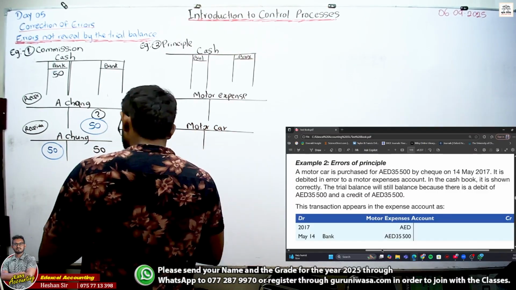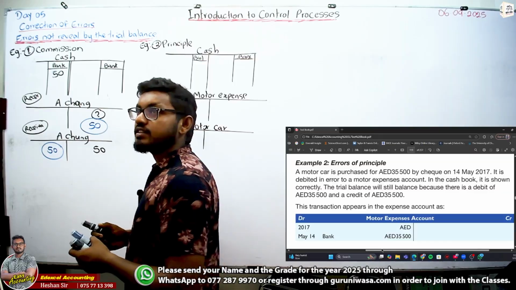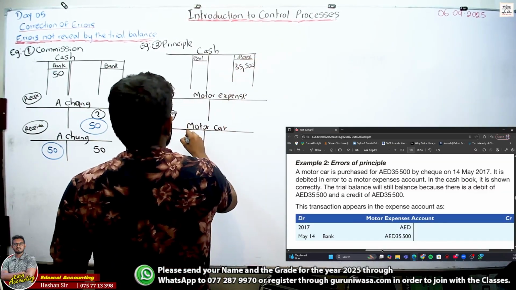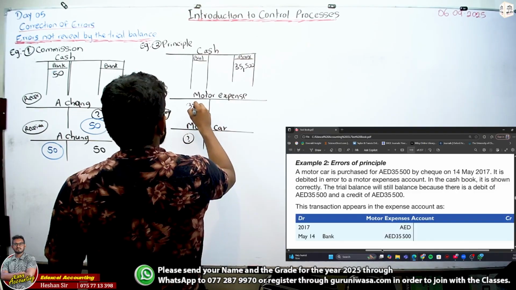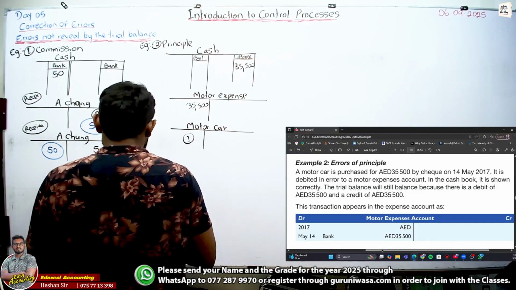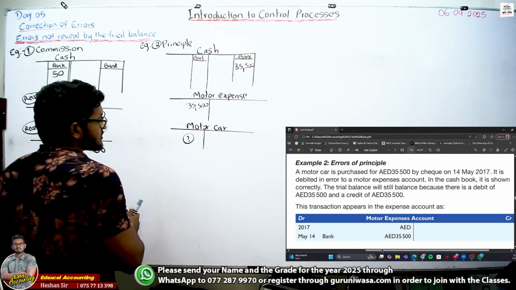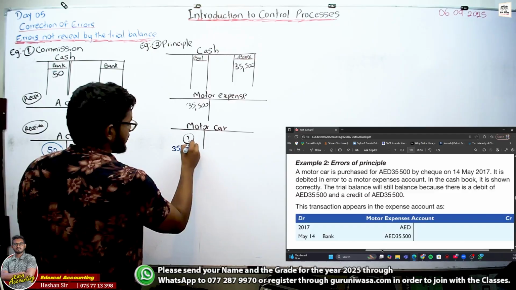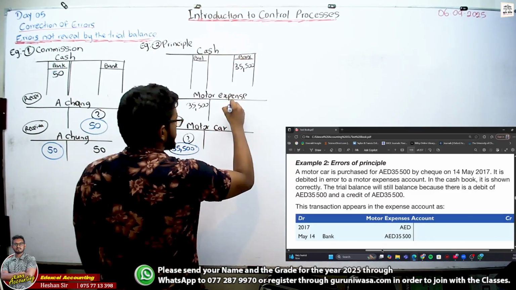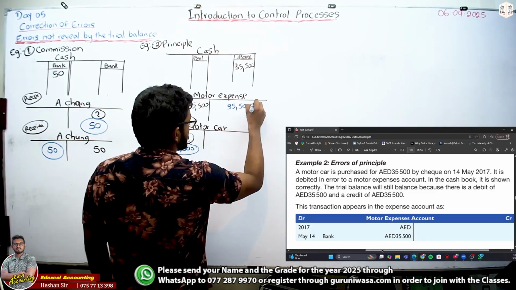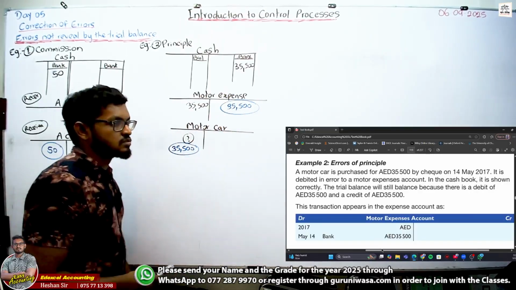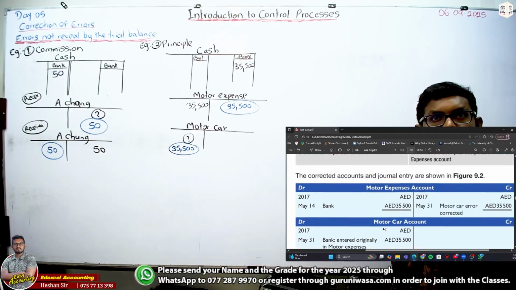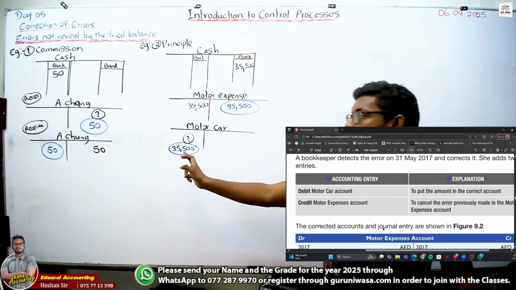So we purchased for 35,500, but mistakenly, without debiting here, we debited here. To correct it, we need to debit here, then we can record in here. We need to credit to here, then this will cut off and the account will close. That's why you debit the motor car account and credit the motor expense account.